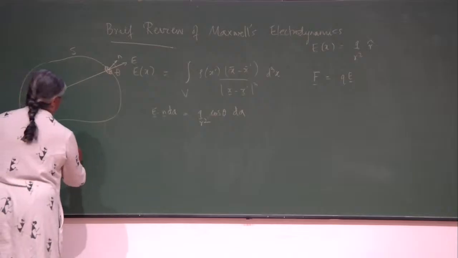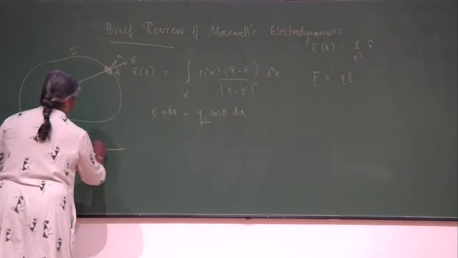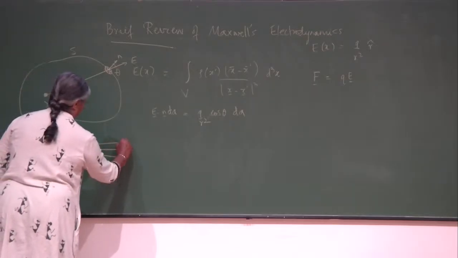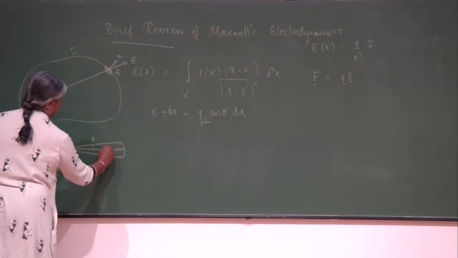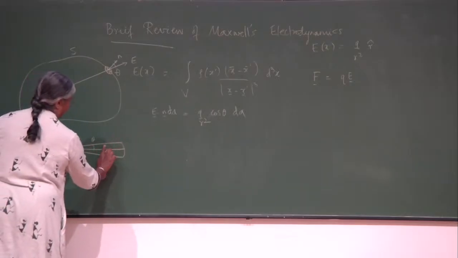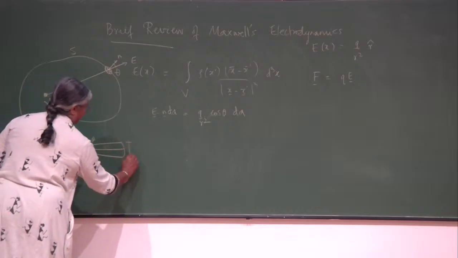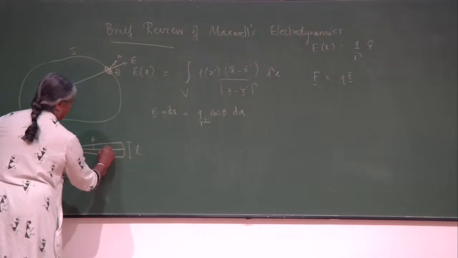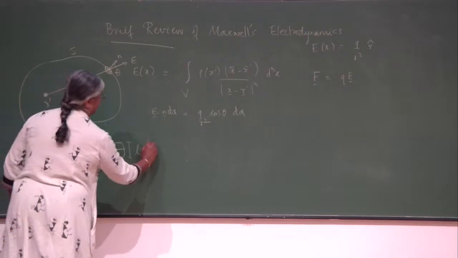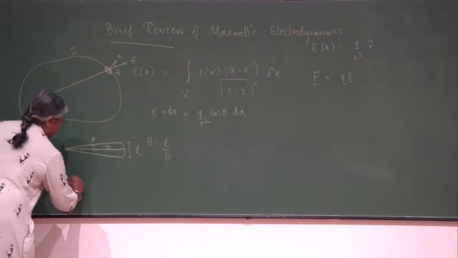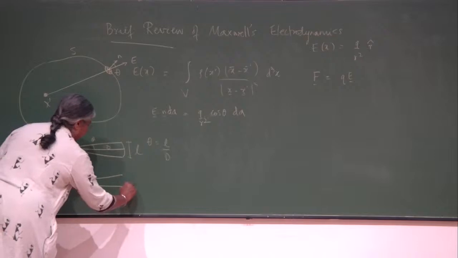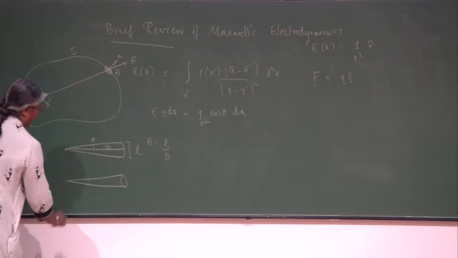Suppose in 2 dimensions I have an arc of a circle, then this is theta, and if this distance is L, and the distance from here is capital D, then theta is equal to L by D.